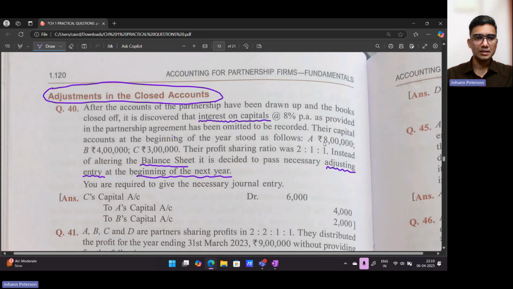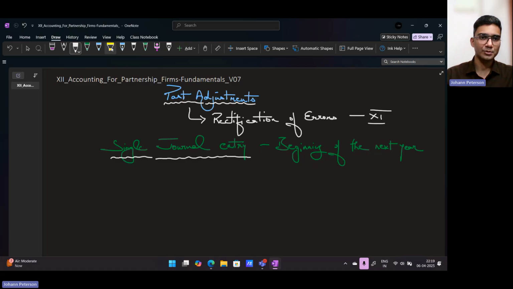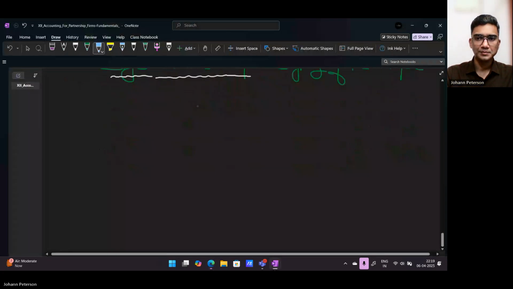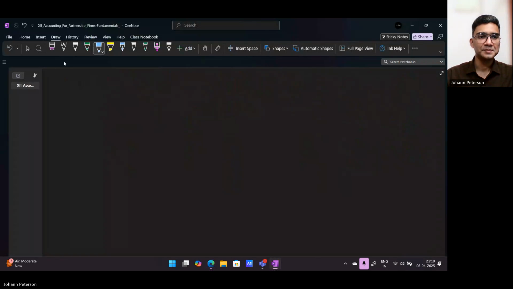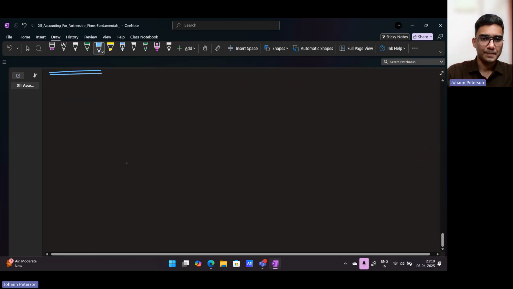So in this case, let us see how we solve such questions. This is question number 40. So let us understand this by doing some working.